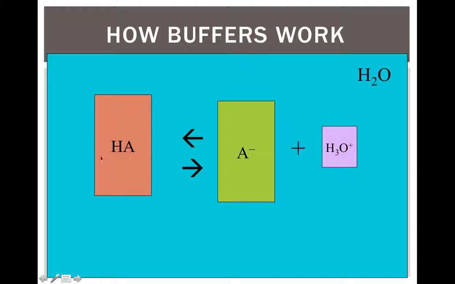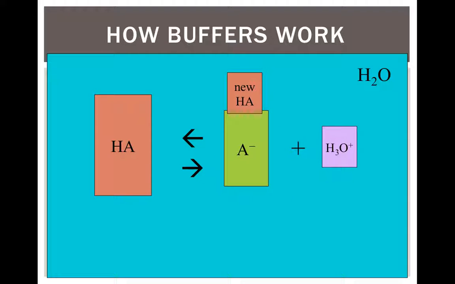It gets a little confusing because you would think, okay, if I'm going to add acid, it's automatically going to lower the pH, but not necessarily, if that acid doesn't break up. If the acid doesn't break up and release H3O plus ions or H plus ions, whichever you want to think of, it's not going to change the pH. So if you add H3O plus, if you're adding an acid that's dissolved in water, that H3O plus combines with the anion, making new acid, which, with Le Chatelier, shifts it to the left.